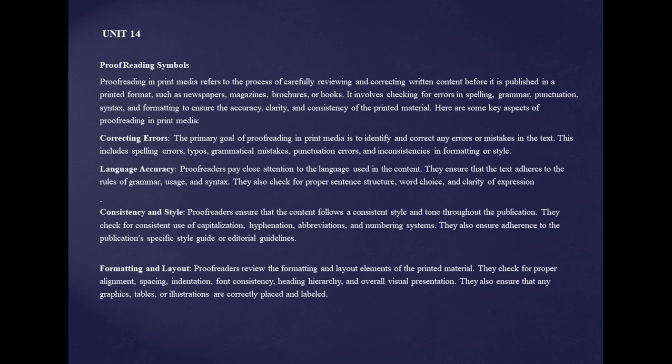Now let's start with the next topic, proofreading symbols from Unit 14. Proofreading in print media refers to the process of carefully reviewing and correcting written content before it is published in a printed format, such as newspapers, magazines, brochures, or books.